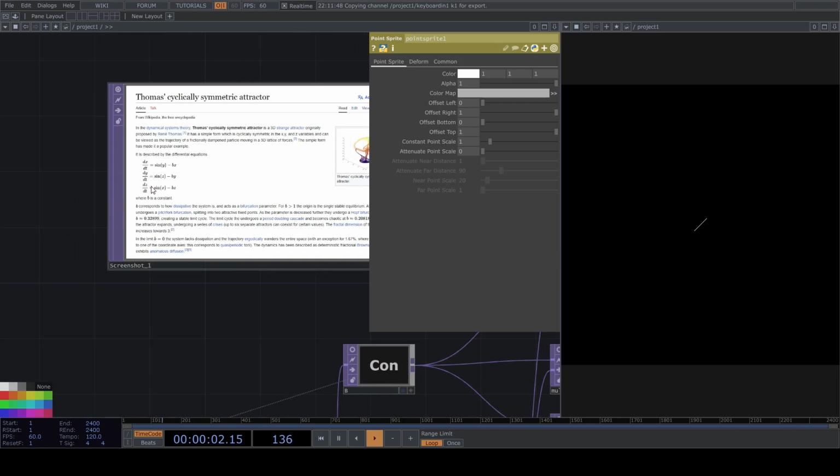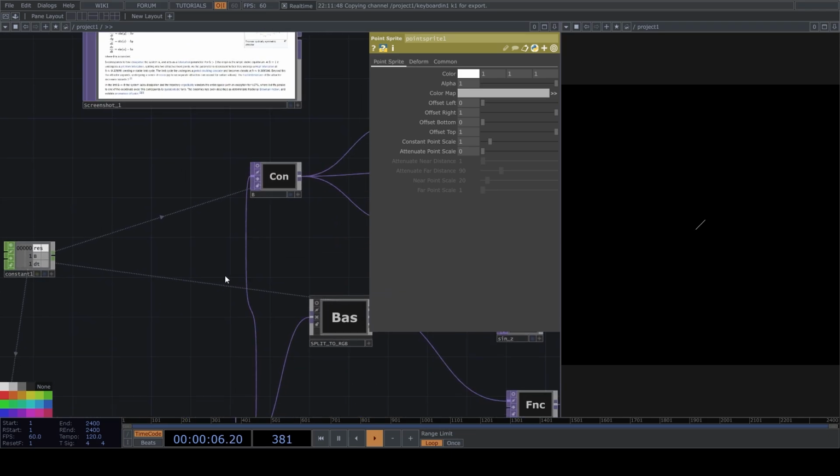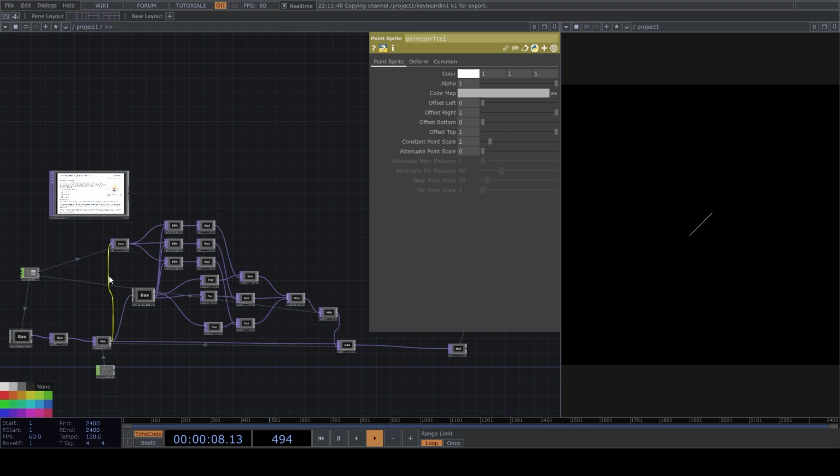And as we set all equations here, we could start to play with this system.